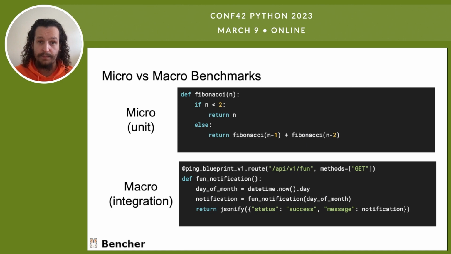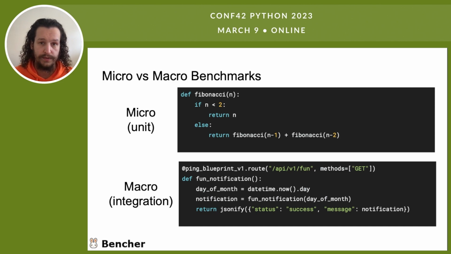With my Flask app that I'm using for my calendar API, here's my endpoint, the fun notification endpoint. It gets the datetime, gets the day from there, calls my fun notification function, then JSONifies things and sends it out. I will be benchmarking all of that. So if there are any changes outside of my code, it's great because I can also detect any regressions in libraries I use and things like that.